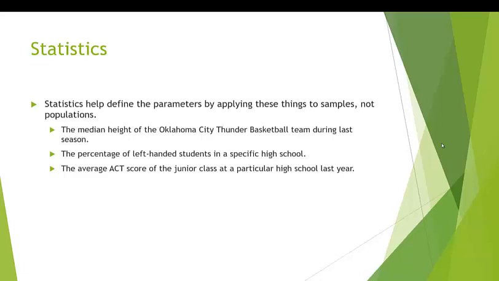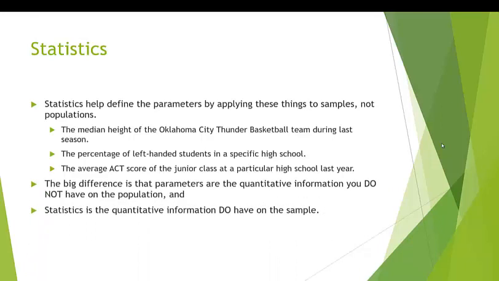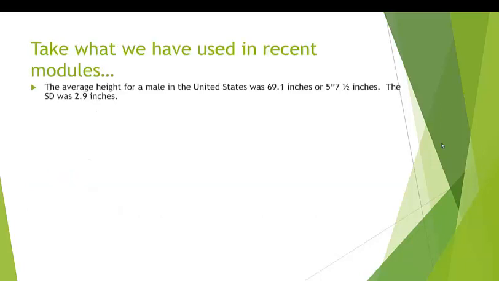These are things that we can easily obtain as a sample, and depending on the size, we can infer them to the larger population. Okay? So the big difference then is that parameters are quantitative information you do not have on a population, whereas statistics is the quantitative information you do have for your sample.